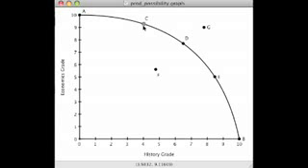So point C is much more oriented towards doing well in economics, less so in history. Point E down here is kind of the reverse. Quite a high score in history, not very good in economics. And point D is in the middle someplace. Roughly, maybe a score of 8 in economics and 7 or so in history.